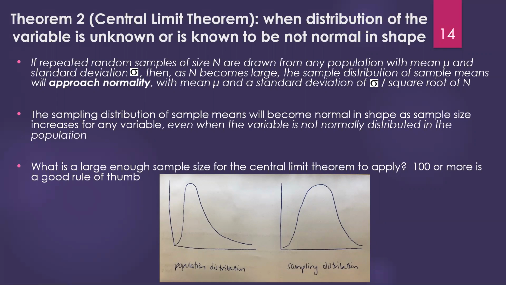So there are huge implications of this for using samples to draw conclusions about a population, because regardless of whether the population distribution is normal or not, it's going to start to look normal if we take a large enough number of samples.